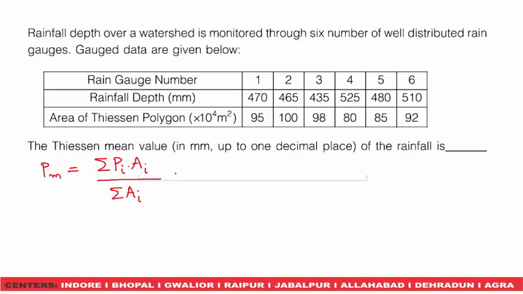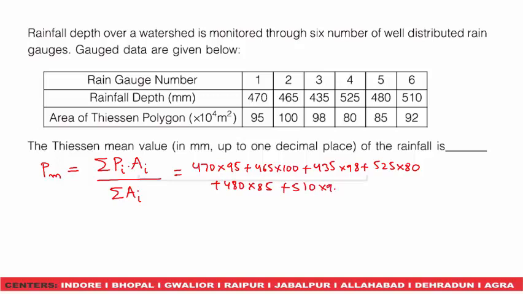So putting the values, P1A1 plus P2A2 and so on: 470 into 95 plus 465 into 100 plus 435 into 98 plus 525 into 80 plus 480 into 85 plus 510 into 92.